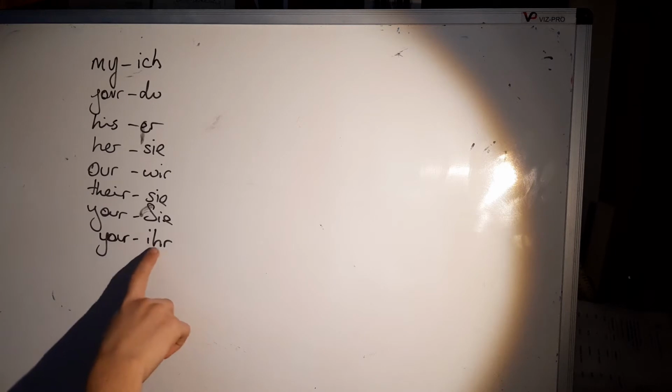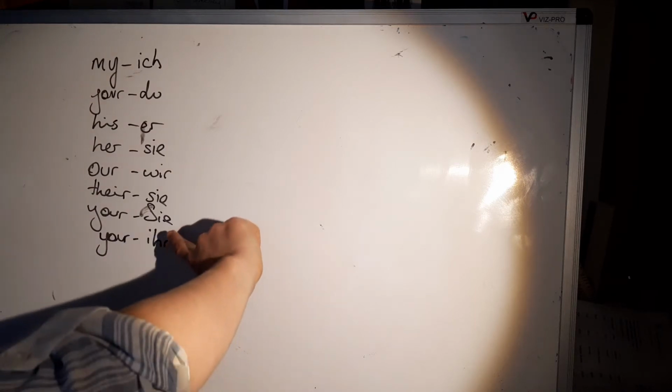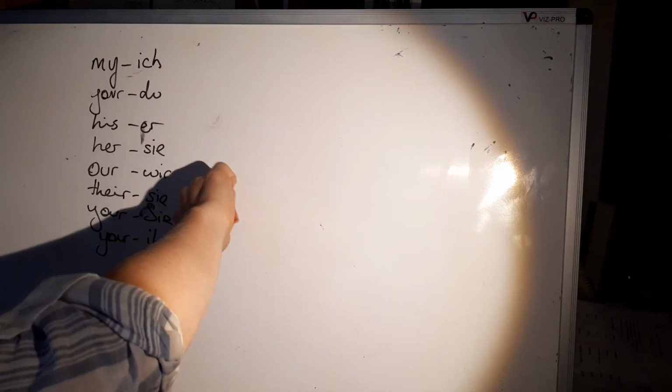However, ihr in the er sense is informal and it's many people, so it's many friends. So you could say ihr seid gut, you are good, to many friends, or many people who you know very well. It's just a matter of formality, so knowing where you stand in relation to other people. Another thing that confuses people is the sie, sie and sie.